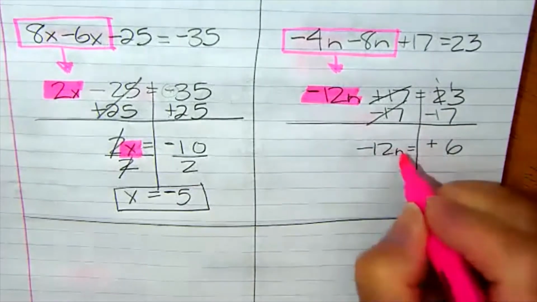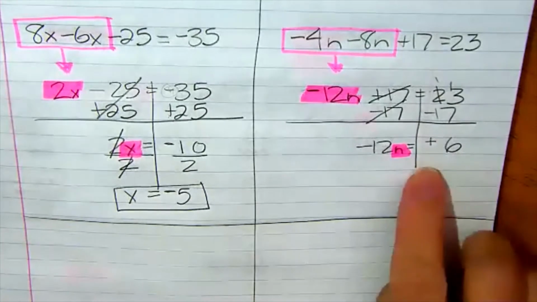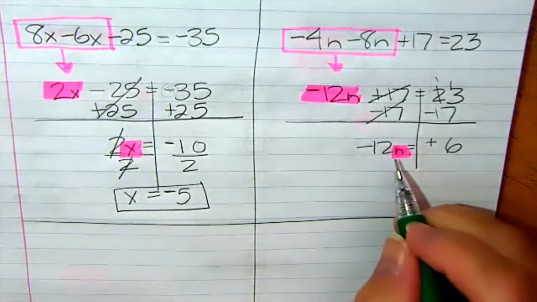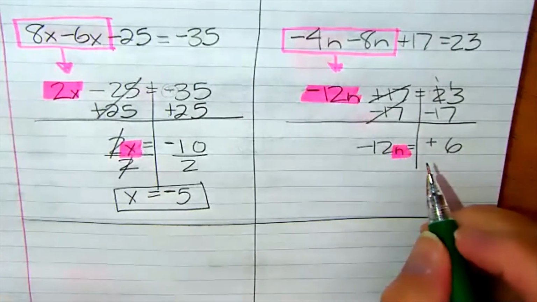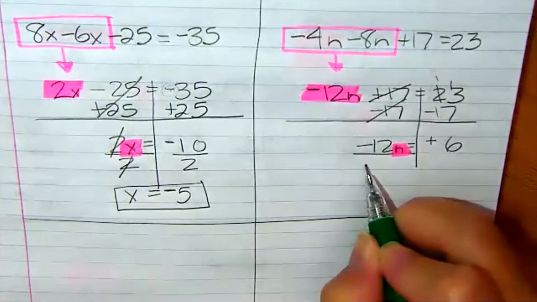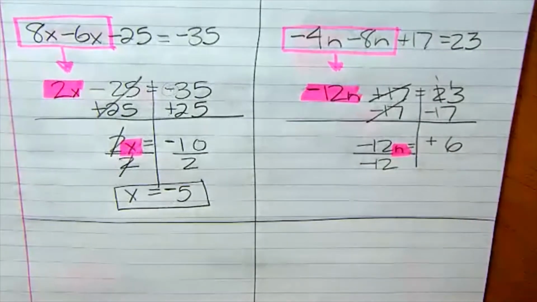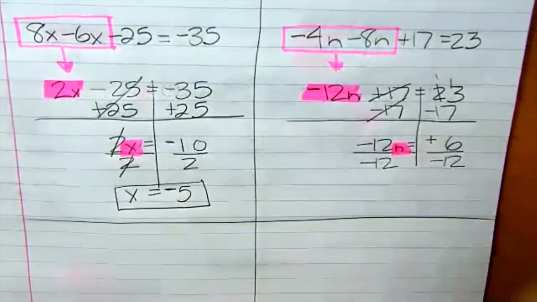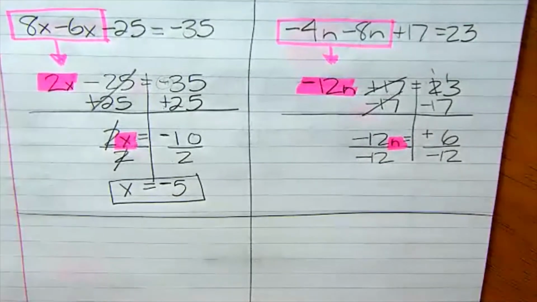And then this is what we did last week. I need to isolate my variable, but I need to undo this times negative 12. So to undo times negative 12, I'm going to divide by negative 12. What I do to one side, I must do to the other.